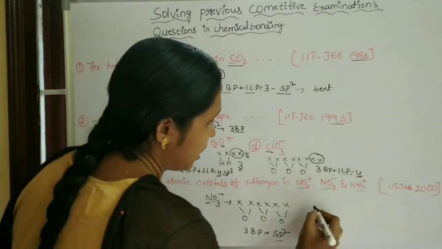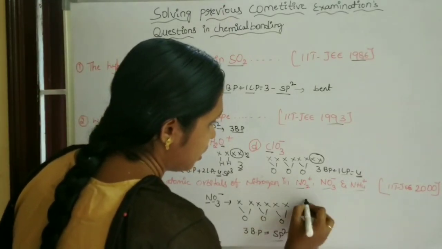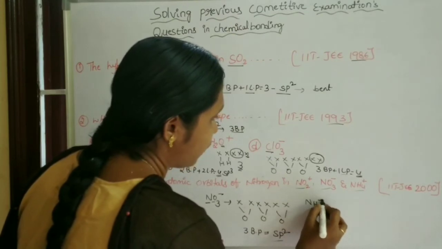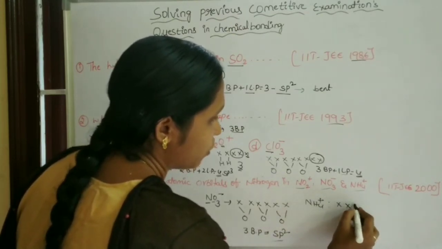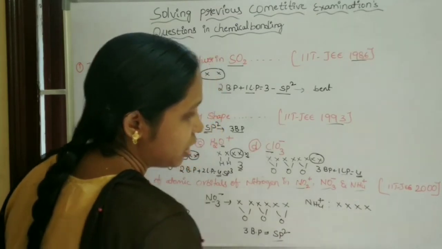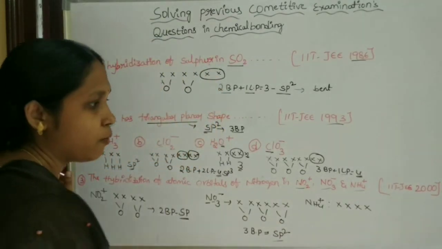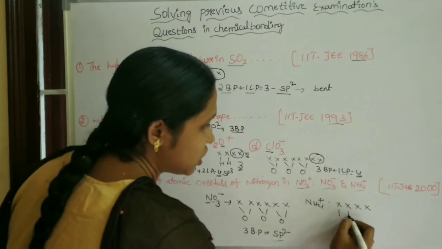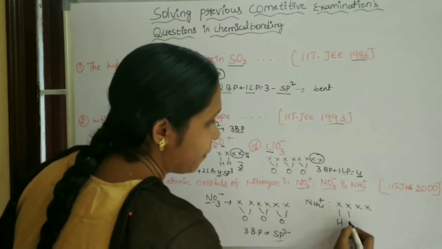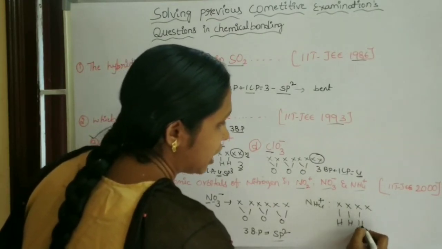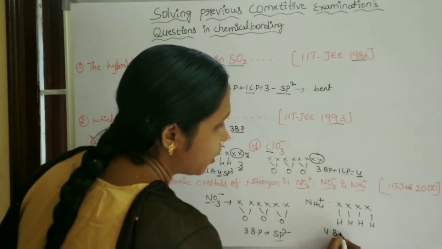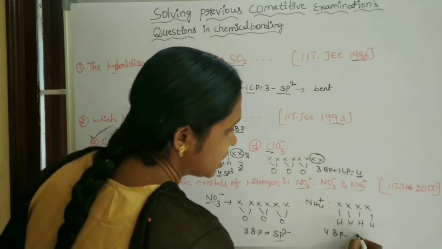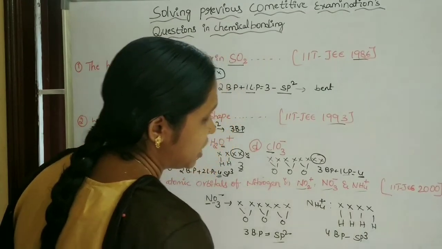And NH4 plus. Here nitrogen has 5 single electrons but the whole molecule carries 1 unit positive, so remove 1 electron from the 5 electrons. That means nitrogen has 4 single electrons. Each hydrogen combines with a single electron and forms 4 sigma bonds, that means 4 bond pairs. 4 bond pairs means sp3 hybridized.